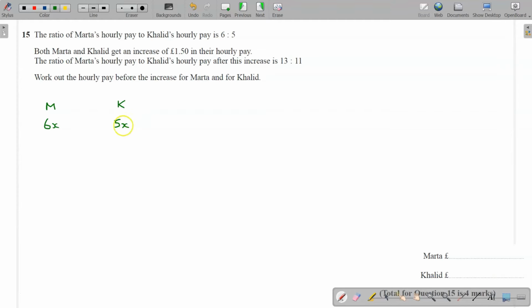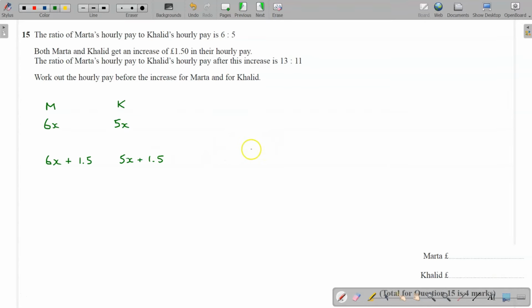Okay, now each of those has £1.50 added onto their hourly pay. So Marta now gets 6x plus 1.5, and Khalid gets 5x plus 1.5. Now we know that they're in the ratio 13:11.